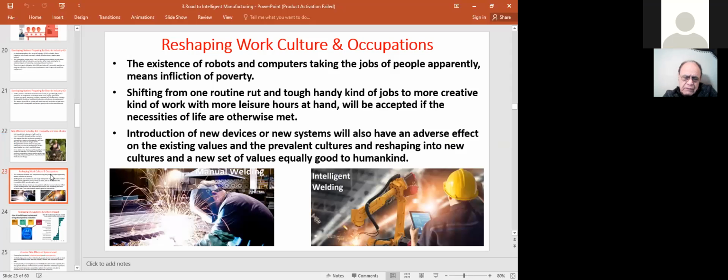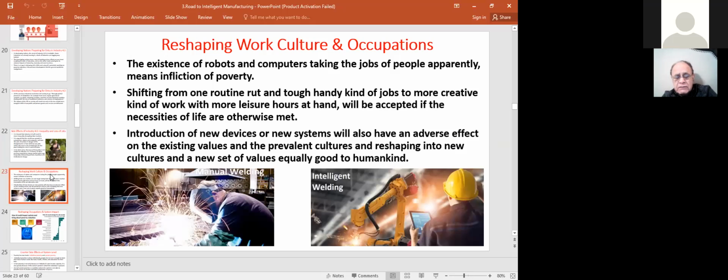Instead of manual welding with your hand, we have a robot doing the same work, and the robot is controlled and monitored with a mobile in your hand. So one type of work is being shifted to another type of work.